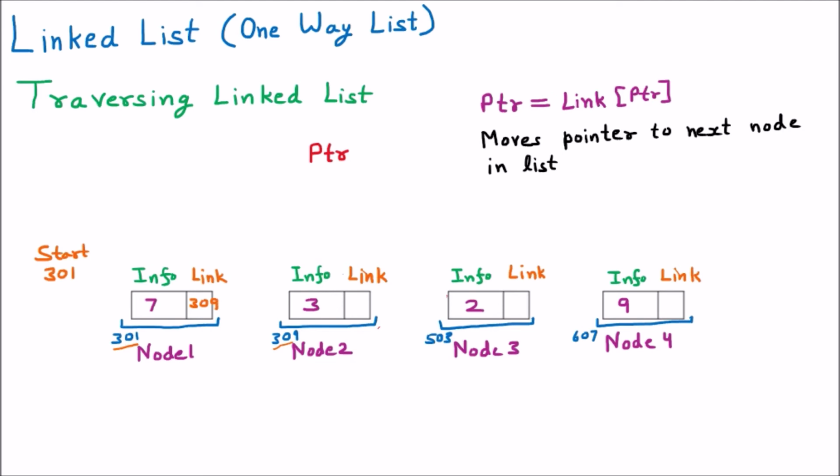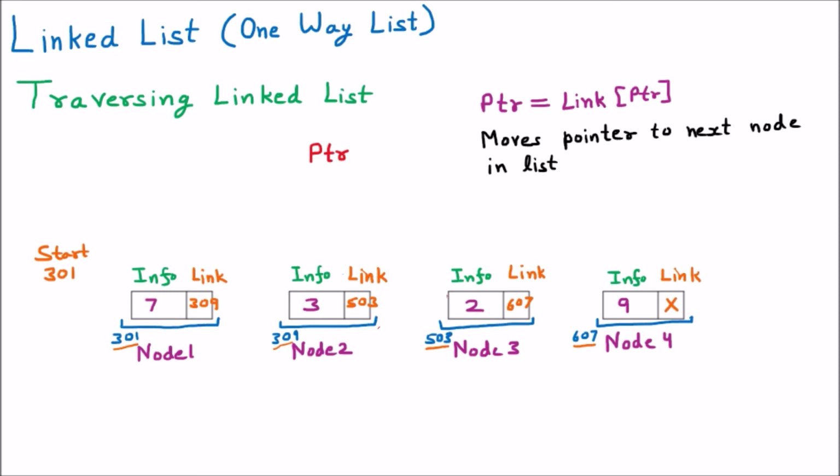Similarly, the node 2 link part contains the address of node 3, which is 503. So 503 is present here. Then the node 3 link part contains the address of node 4, which is 607. And the node 4 link part has null. So there is nothing inside that because this is the last node.